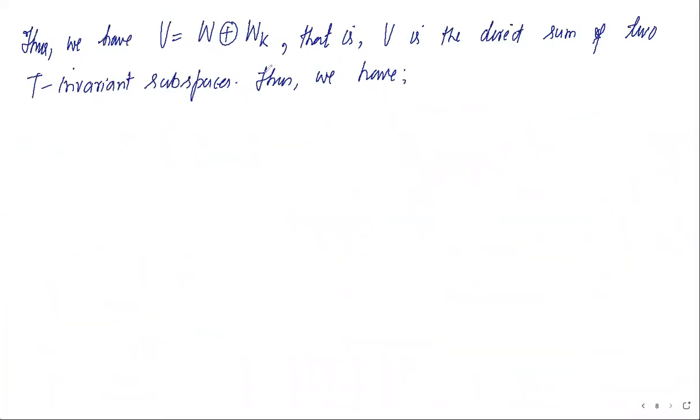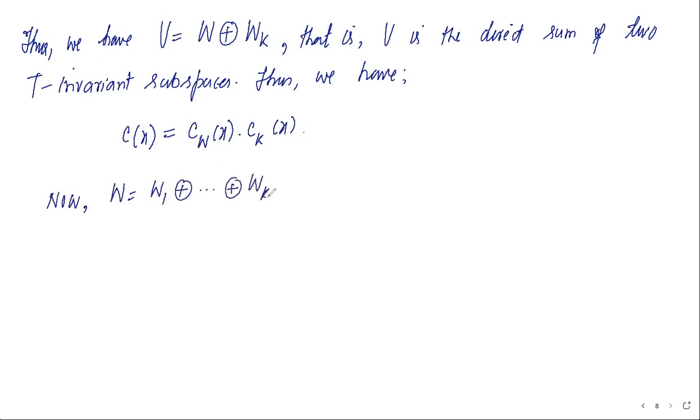Okay. So thus we have this characteristic polynomial of x, which is equal to the characteristic polynomial of T. This is equal to the characteristic polynomial of W into Ck of x, where Ck of x denotes the characteristic polynomial of Wk, and Cw of x denotes the characteristic polynomial of W. Now, W is the sum of k minus 1 T invariant subspaces W1 up to Wk minus 1.